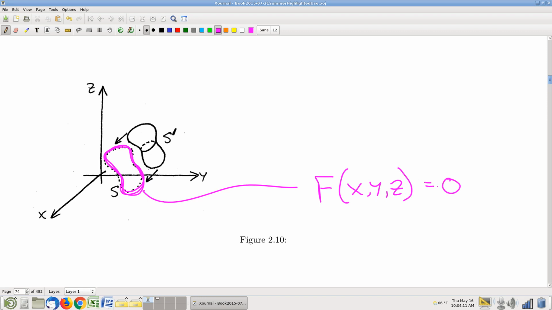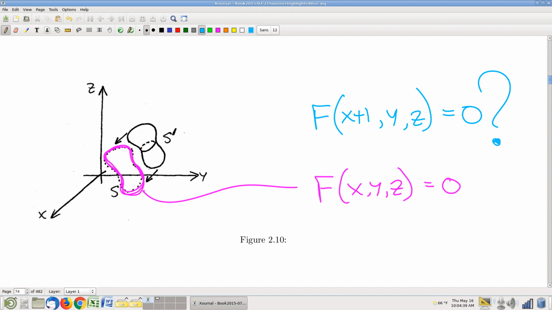And I ask the question, okay, what would happen if we replace everywhere we see an x? We replace that with x plus 1. That's going to give us a new equation, f of x plus 1, comma y, comma z equals 0. Right? This is what we want to understand. We don't currently know. What does this look like?